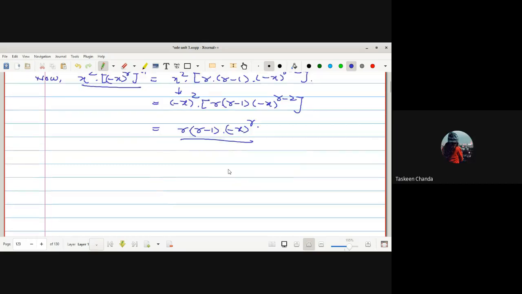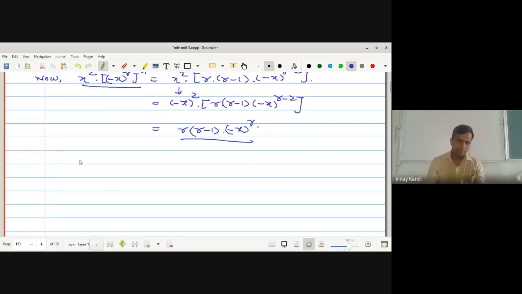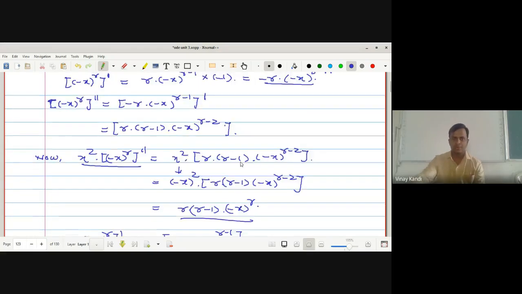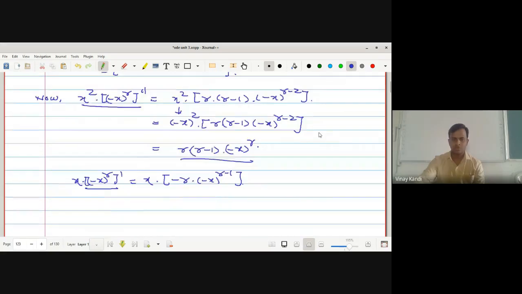No, sir. Now again, x into minus x raised to r dash is equal to x into, what is the value of this one, minus r into minus x raised to r minus 1. We have found this here.